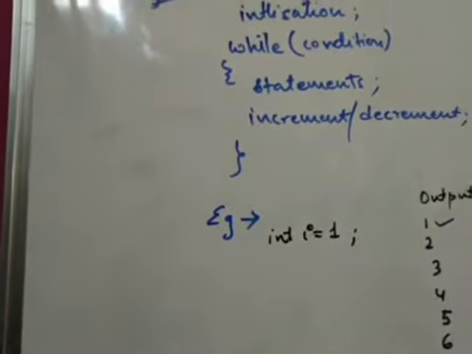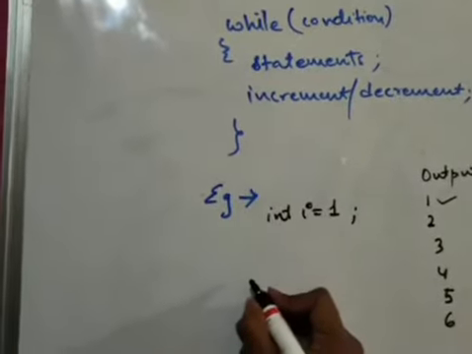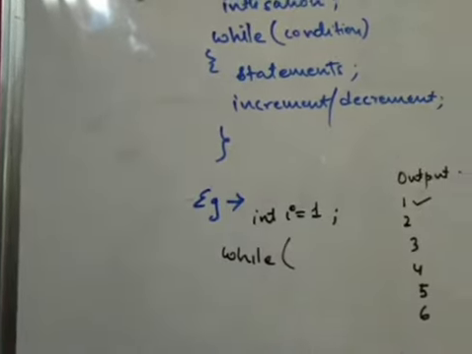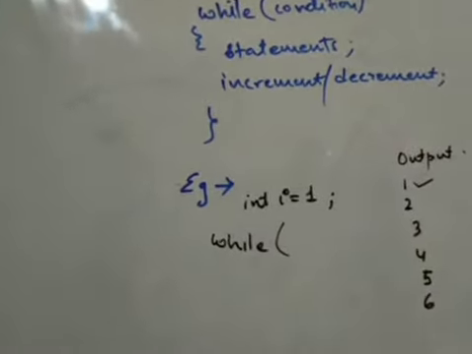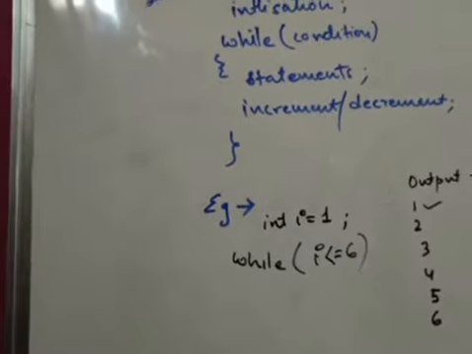The value of I starts from 1. Now the while condition. What is my condition? My value of I should run till 6.